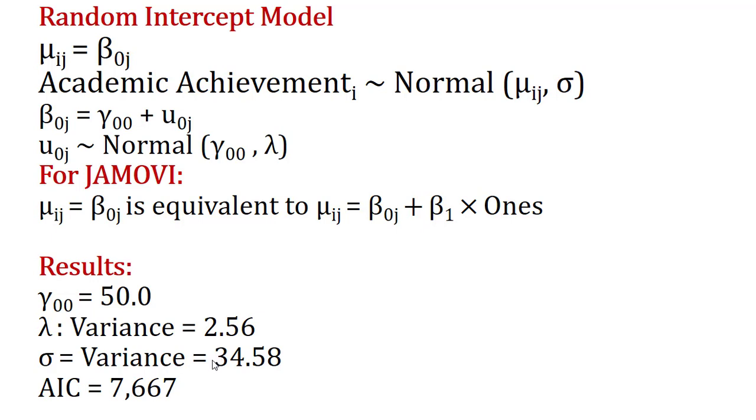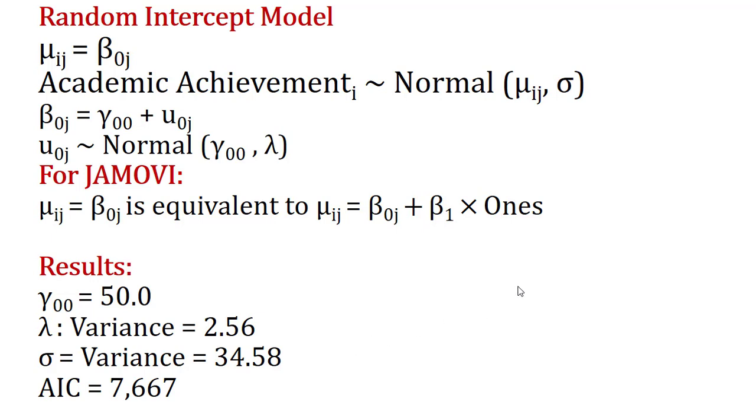Every time you run the model, the AIC will be slightly different, so don't panic if you have slightly different values, but basically the difference here is about 33 points. 7,700 was the previous model, so 7,667, that's a difference of 33 points.